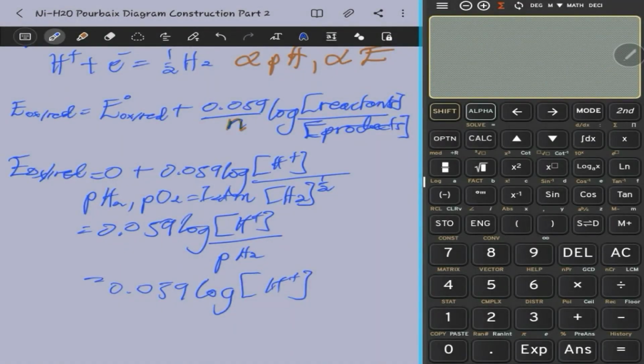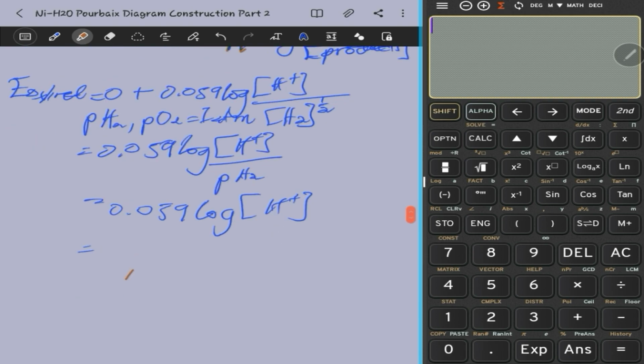Another thing we notice is that we've already drawn a relationship between log of concentration of H plus and pH, where log of concentration of H plus is equal to minus pH. Some of these things I'll skip next time, but this is just for us to be able to follow.